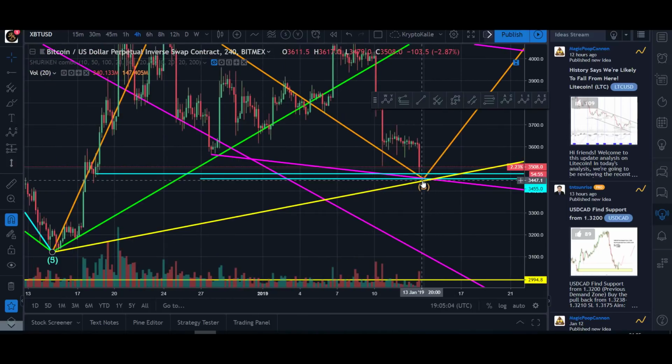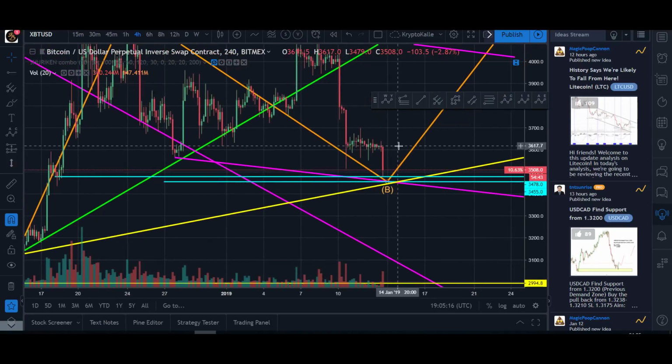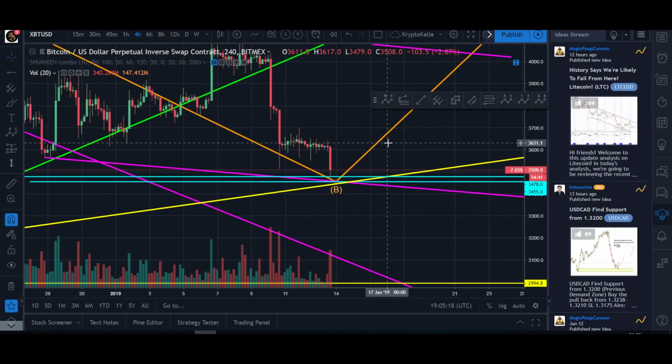So it doesn't necessarily go there. It already hit that area, 3478, almost to the tick, as they tend to say.